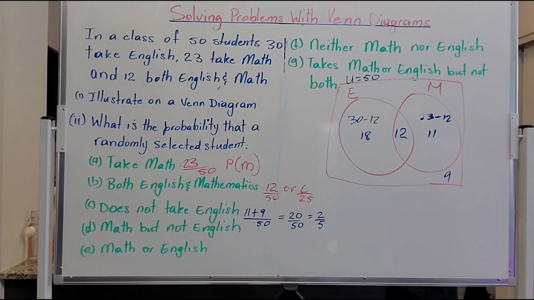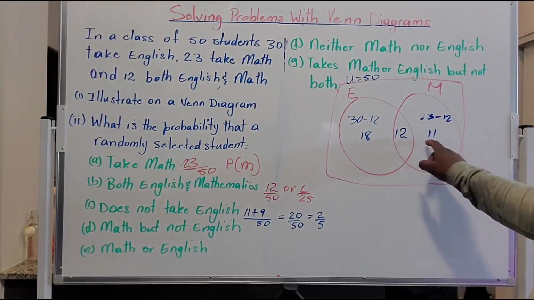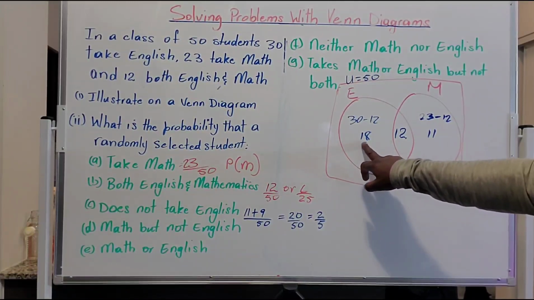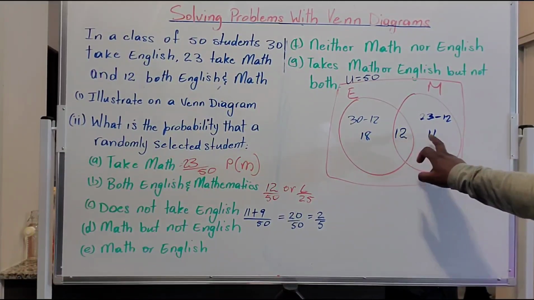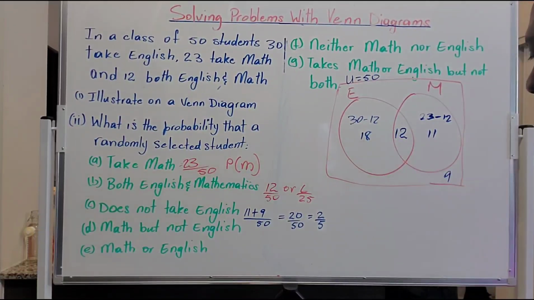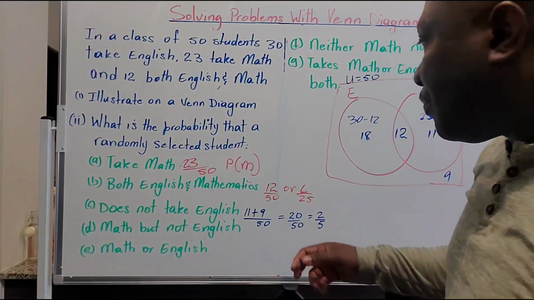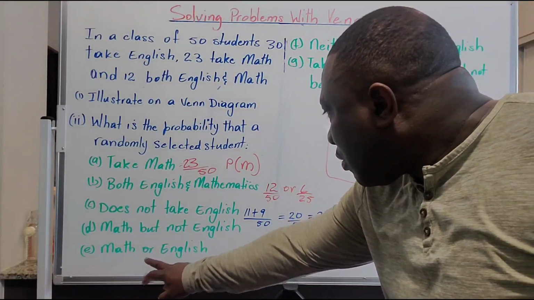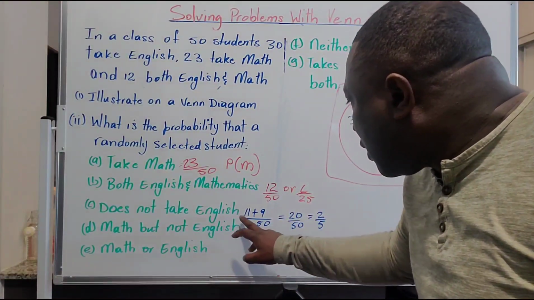The next question is take math or English. So we are looking at how many students either take math or English. All these students either take maths or English. How many? 18 plus 12 plus 11. They are either doing this subject. So does not take English.